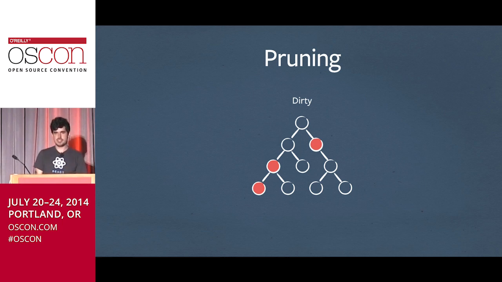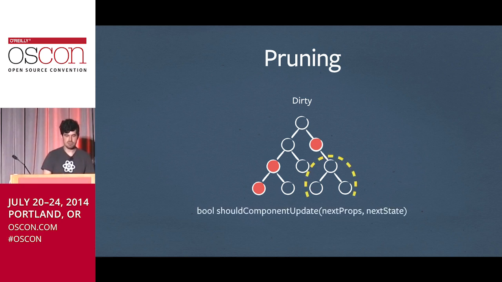And so to do this, we introduce the concept of pruning. And the idea of it is, if you just change something in some place, you're probably not going to want to re-render something that's completely different. And in order to tell React not to re-render some part of the tree, you can implement a function called shouldComponentUpdate.